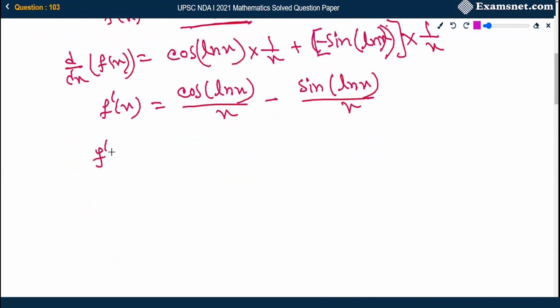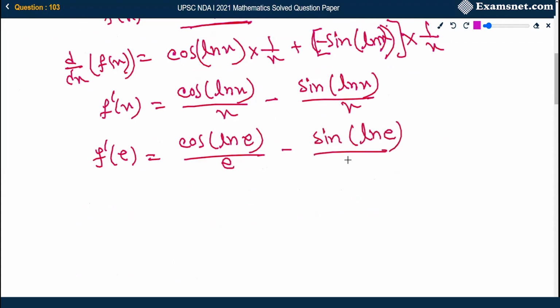Let's put the value f dash e. So it becomes cos ln e by e minus sine ln e by e at x equals e. Okay.